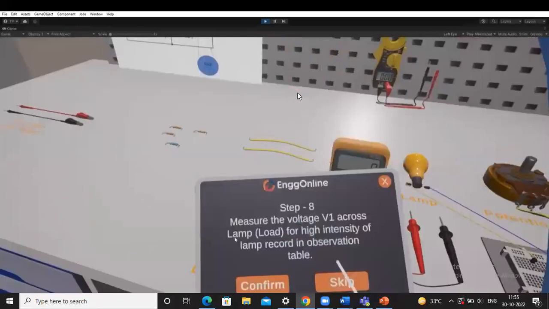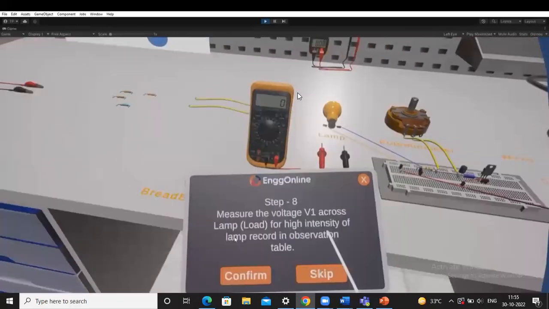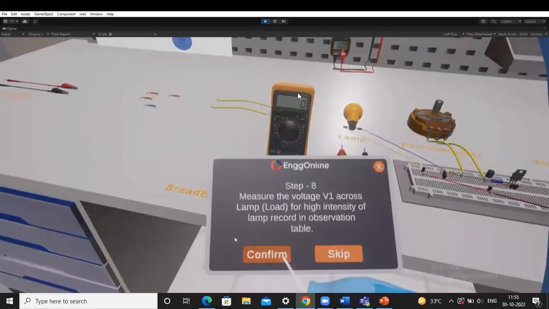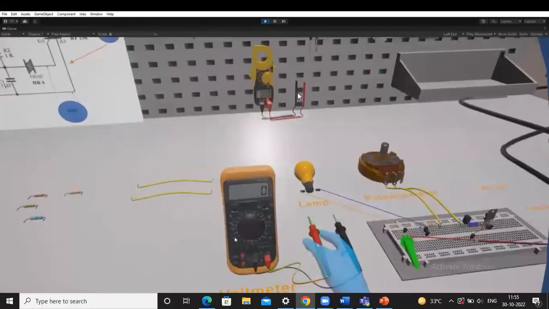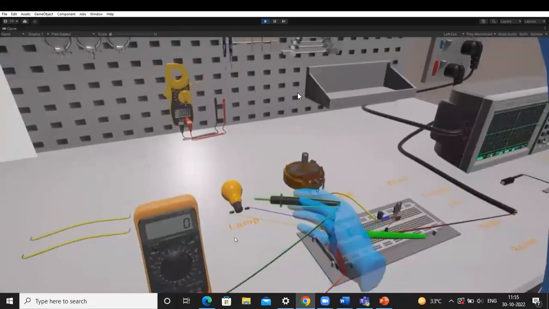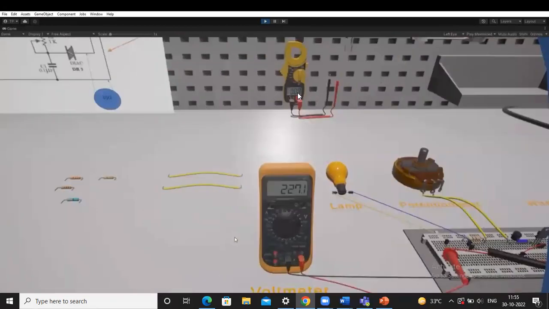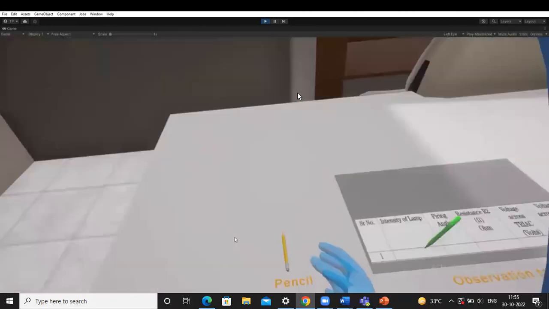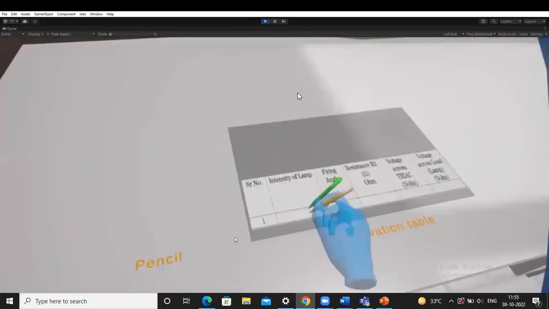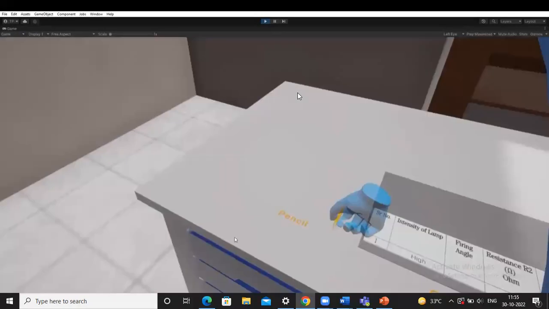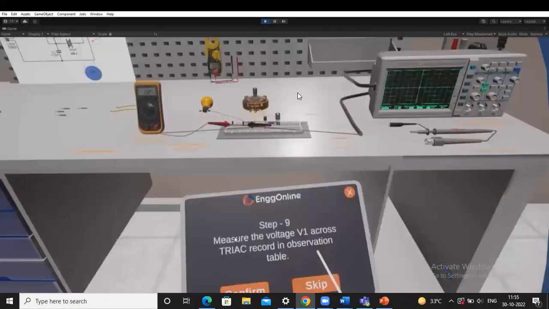Measure the voltage V1 across lamp load for high intensity of lamp and record in observation. Step 9. Measure the voltage V1 across triac and record in observation table.